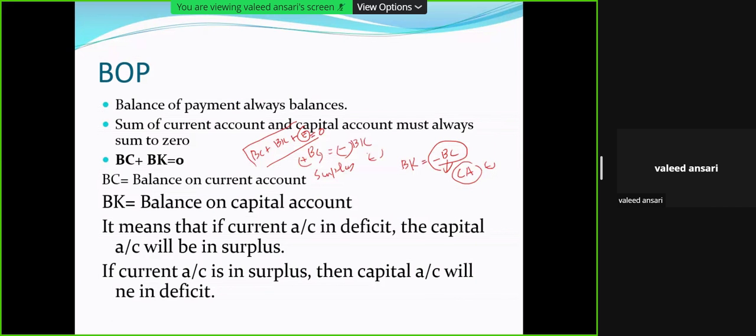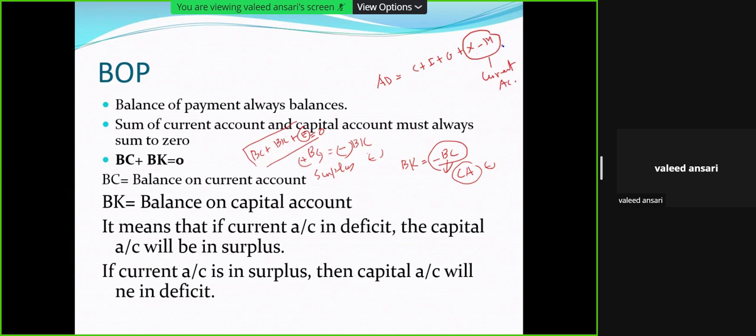So balance of payments is a very important account, and you may recall this equation: total demand in the economy is C plus I plus G plus X minus M. This part, exports minus imports, especially merchandise, is part of the current account.